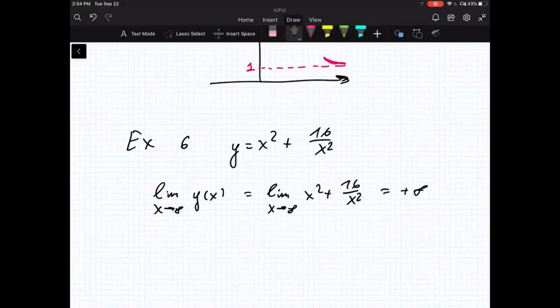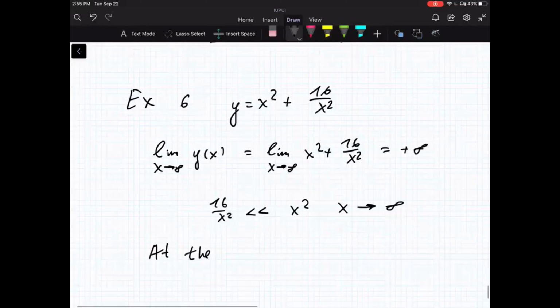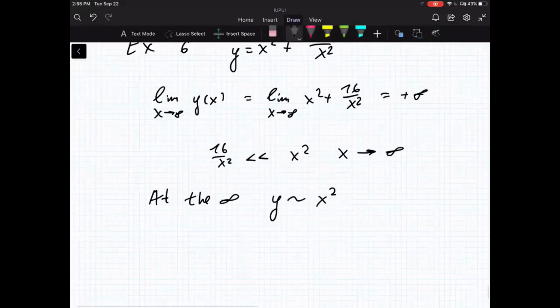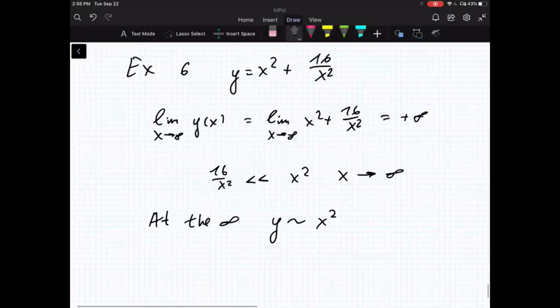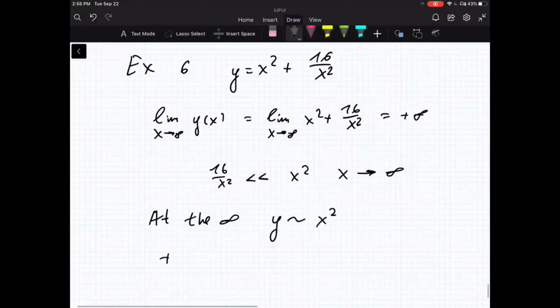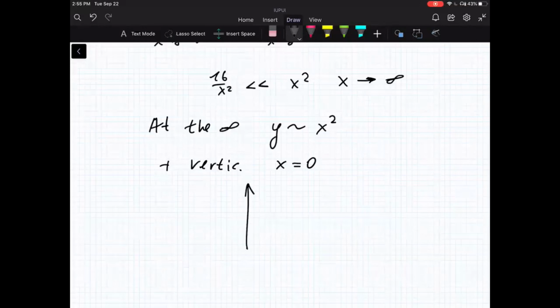Of course, 16 over x squared will be very small compared to x squared when x goes to infinity. So in some sense, at infinity, your function will behave like x squared. And also, of course, you have a vertical asymptote because you have a problem with the denominator here, so a vertical asymptote x equals 0.